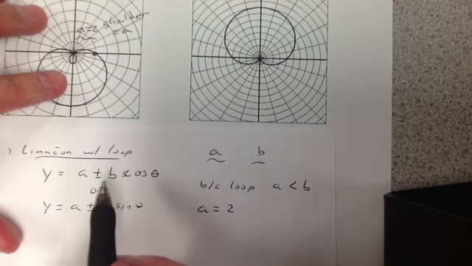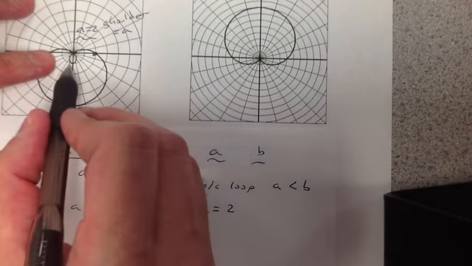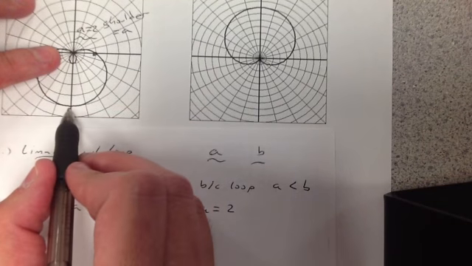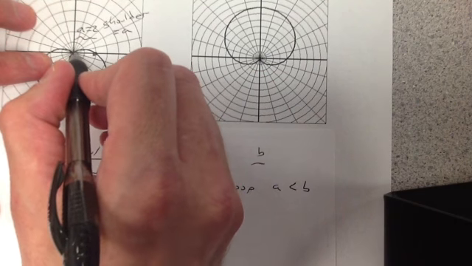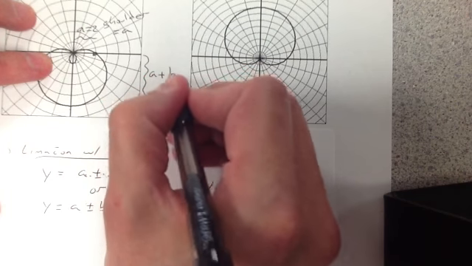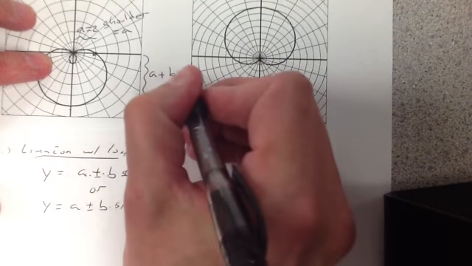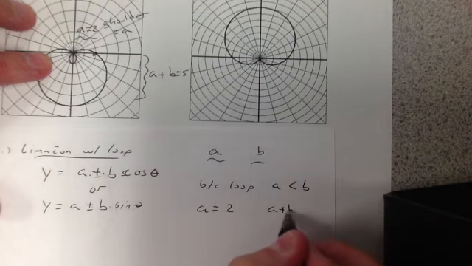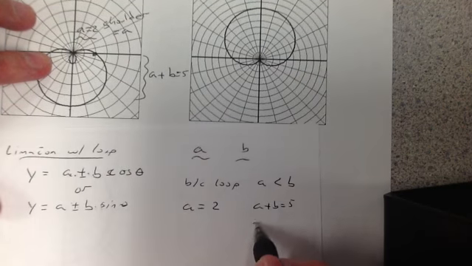Remember, limaçons are a plus b cosine. I'm going to measure this distance down here, the furthest distance we travel from the center, which is a plus b. I count 1, 2, 3, 4, 5, so a plus b equals 5. We already said a was 2 from the shoulder, so 2 plus b equals 5. B equals 3.